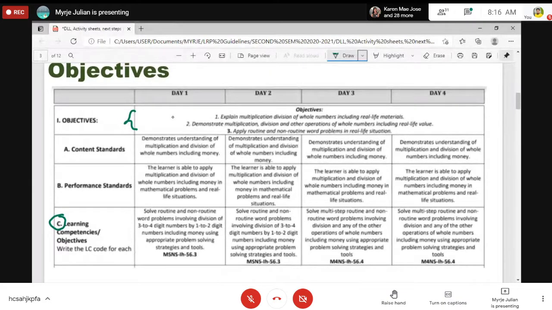The second is more on solving routine and non-routine word problems. The first competency is more on numerals, which is dividing 3 to 4 digit numbers by 1 to 2 digit numbers. And the other one is solving routine and non-routine word problems involving division and other operations. Okay?